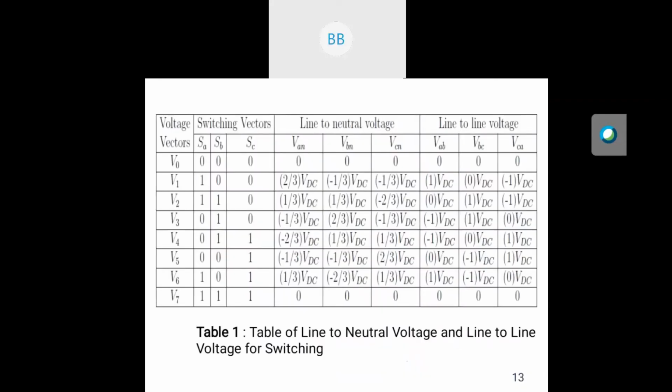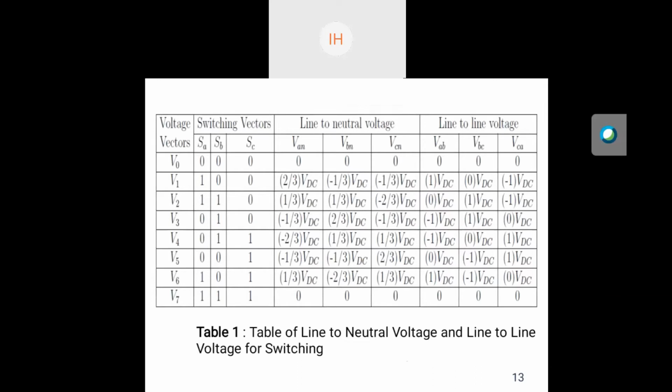So here we have shown all the possible switching states, that is 000, 100. Here V0 and V7 are called zero voltage vectors, and V1 to V6 are called non-zero voltage vectors.